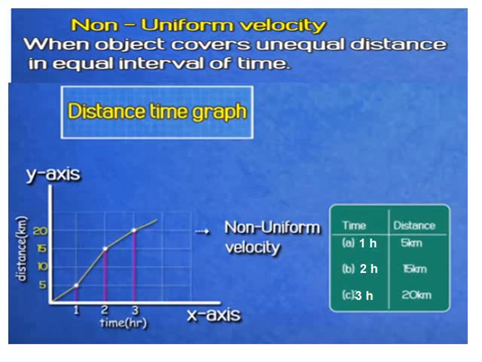So, as per the definition, this is non-uniform velocity. So, for a non-uniform velocity, the graph will not be a straight line and it will be broken lines, and this you have to bear in mind.